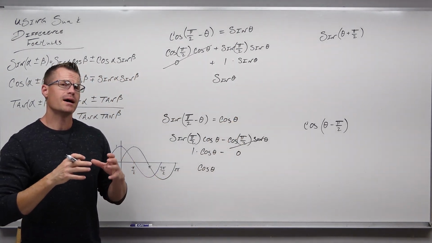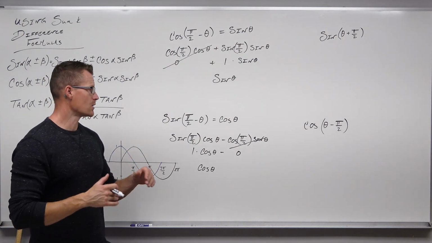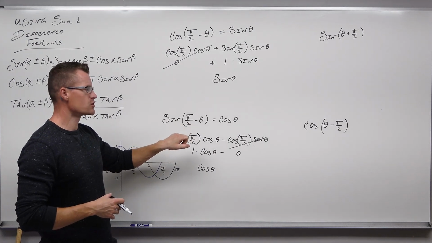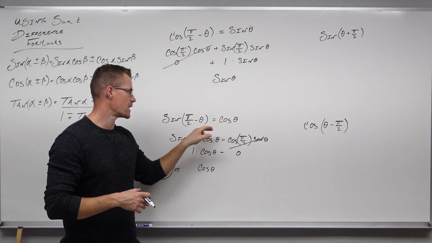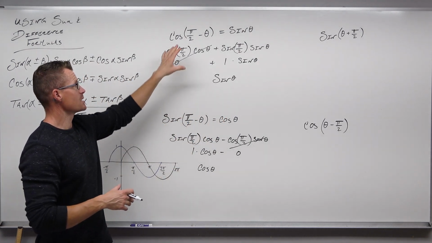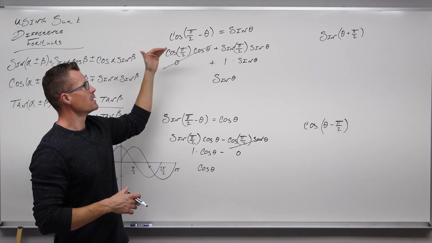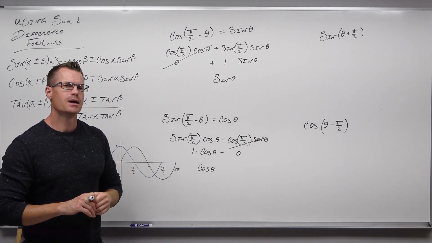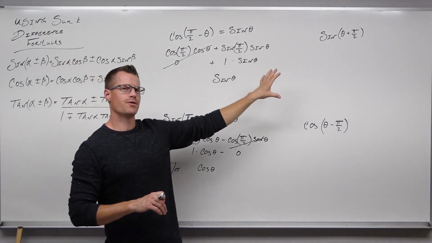So, if we ever have pi over 2 minus an angle, sine of pi over 2 minus that angle is going to equal cosine of whatever your theta is. Same thing here, cosine of pi over 2 minus theta is going to equal sine of whatever that theta is every time. Now, this is going to prove our phase shifts.